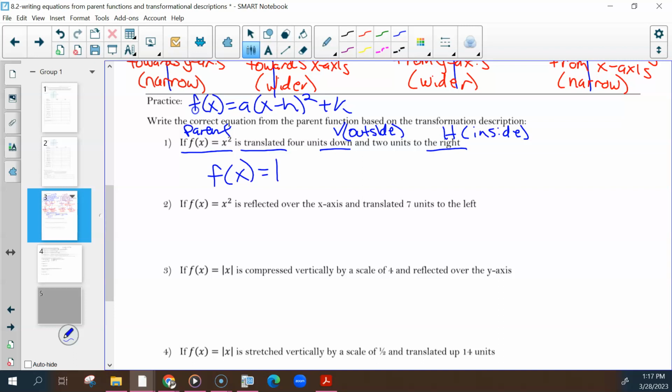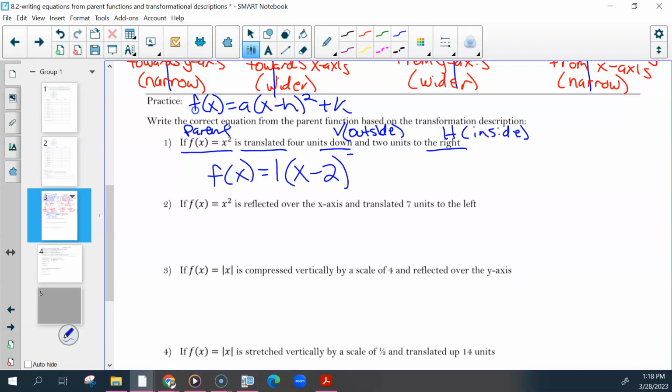Then we have a horizontal transformation. That's going to go on the inside. So you're always going to write parentheses x. And this is where the opposite comes into play. When we were talking about the vertex and I said it's always opposite, it's because of this. If it's moving 2 units to the right, you would think it would be positive. But if I put a positive 2 in here, it becomes negative.